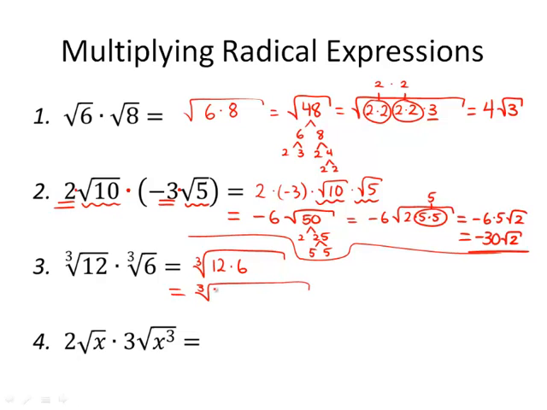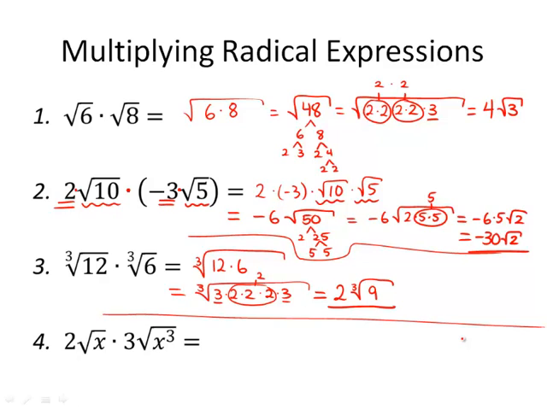So 12 is 3 times 4, which is 2 times 2. 6 is 2 times 3. So we actually have a nice triplet of 2's. 3 2's become 1 2 in taking a cube root of that, because that's the same as cube root of 8 becoming 2. Now these two 3's, they don't form a triplet, so they have to stay. So 1 2 comes out, and we have a cube root of 9 left inside.